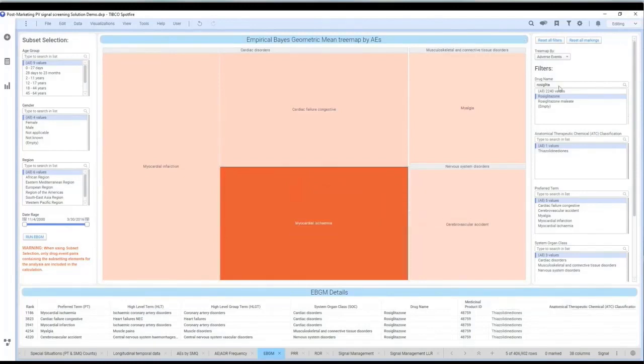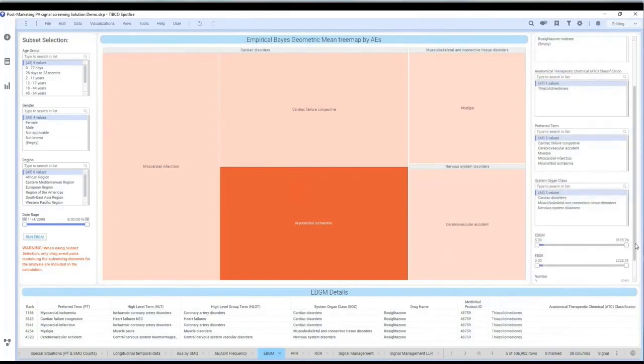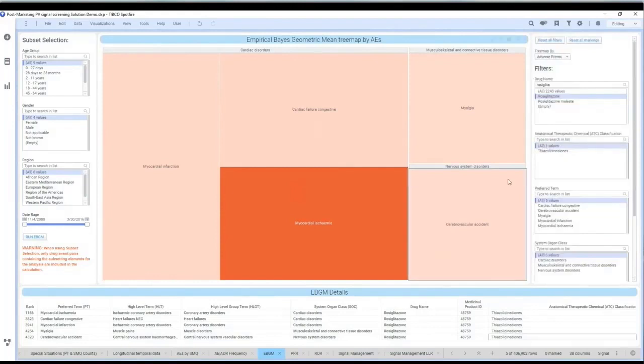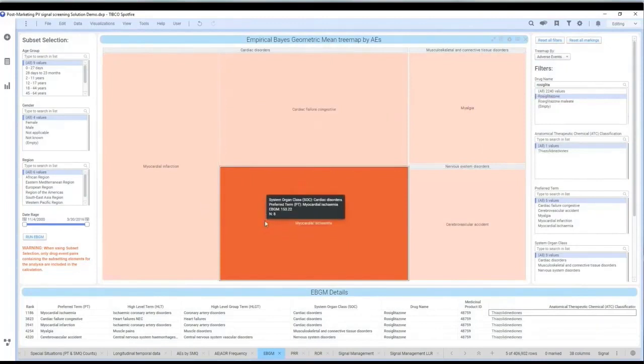Like I said, we provide the filters here so that you can filter to your company drug, to a specific interest of adverse events, and also to the signal depending on your company decision. So this entire process is a hypothesis generating activity.